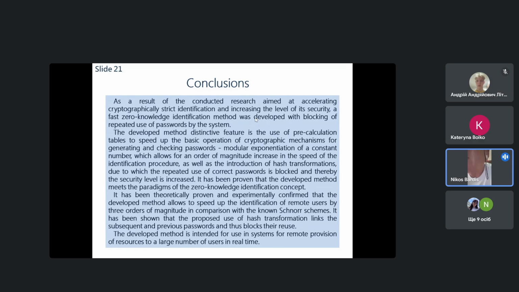Mrs. Boyko, tell us, you're solving a problem in cybersecurity about resetting passwords?